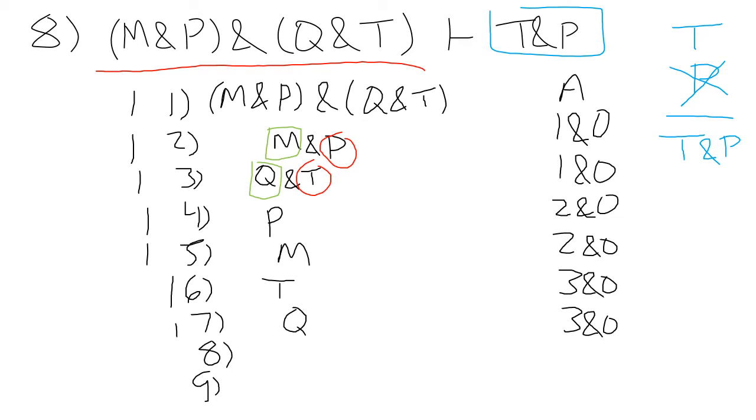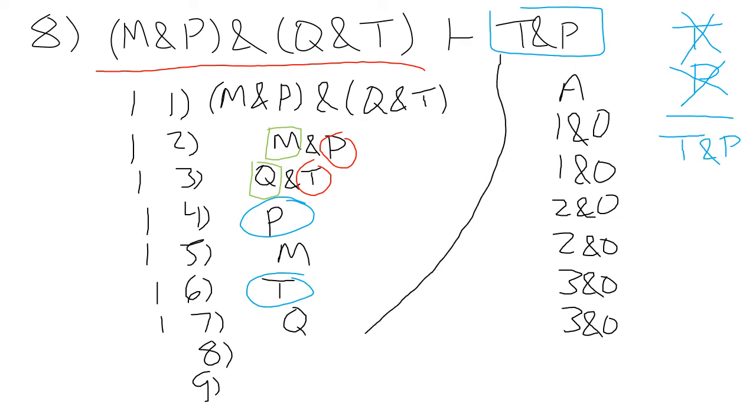And now I've got T by itself, and I just have to put them together. I'll clean these up just real quick. So I've got my T here, I've got my P here. Now I just want to put them together because that's what my conclusion is, T and P. I'm getting this from line 4 and line 6, and I'm introducing an ampersand between them.